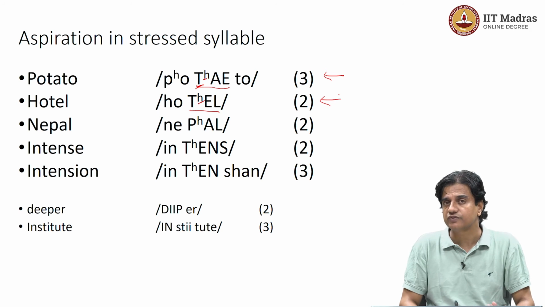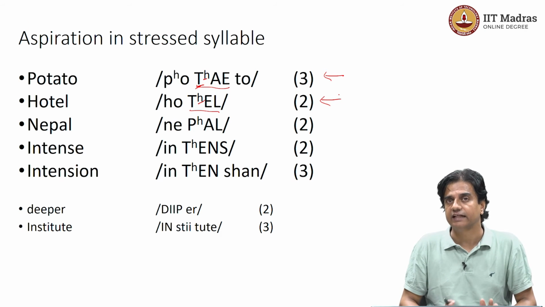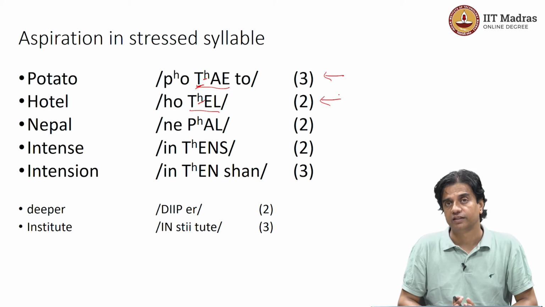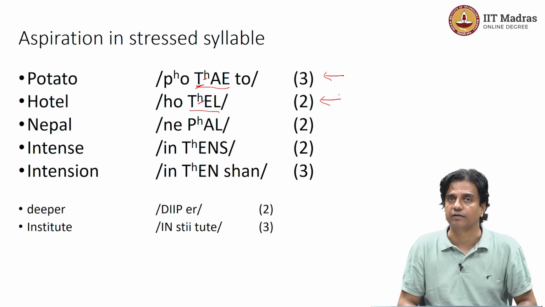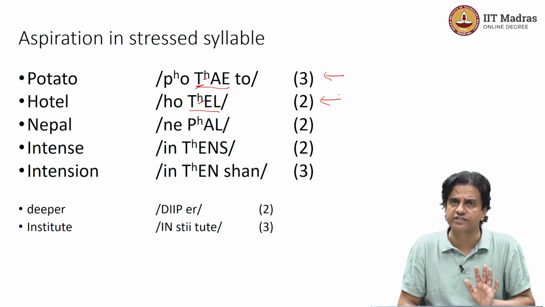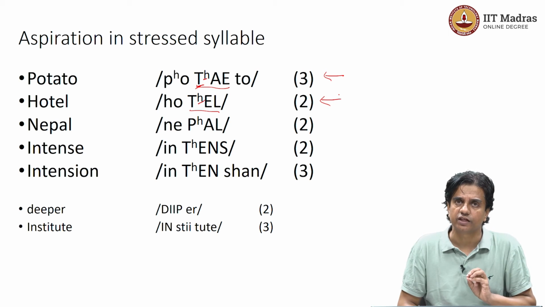That is, nouns and adjectives carry a stress on their first syllable. If there are two syllables in a word, and if the word happens to be either a noun or falls in the category of adjectives, the first syllable will get stressed. That's the generic observation which we state as a rule.